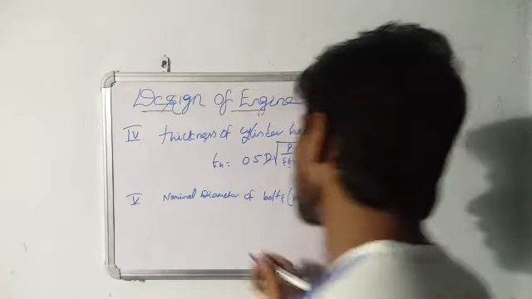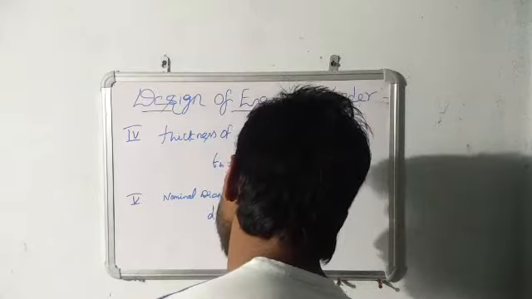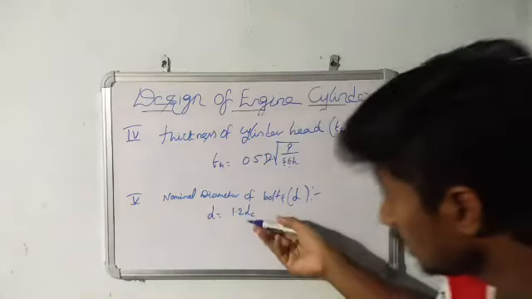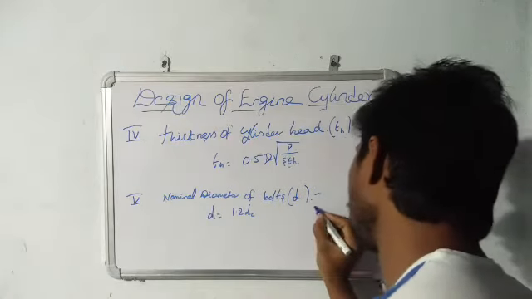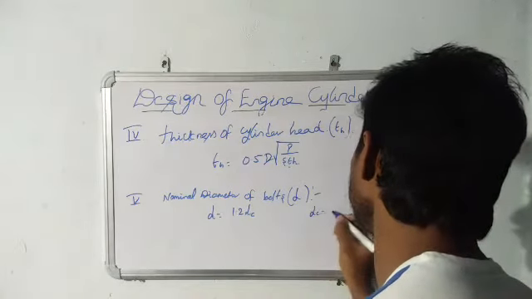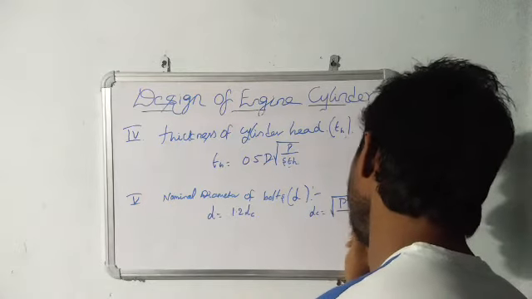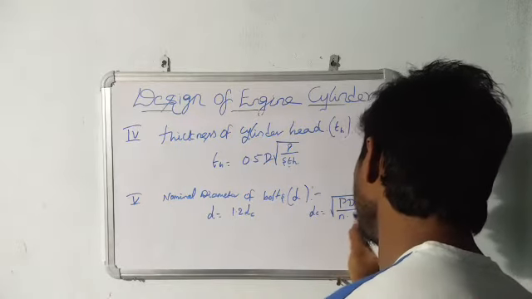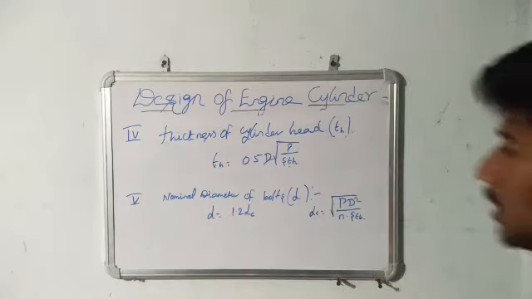How do we get that small d? The d equals 1.2 times dc. The dc is the core diameter. How do we get the core diameter? The core diameter equals root of PD squared by small n into STB. This is the formula to find the core diameter.